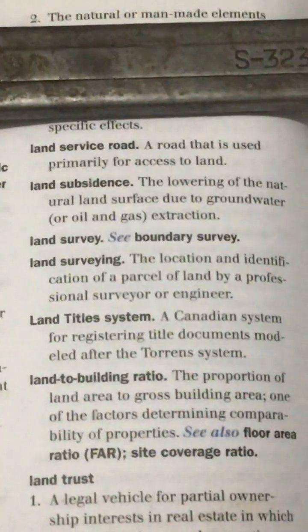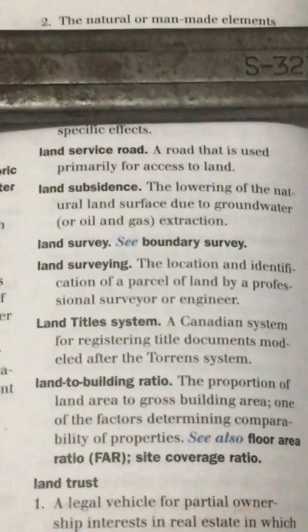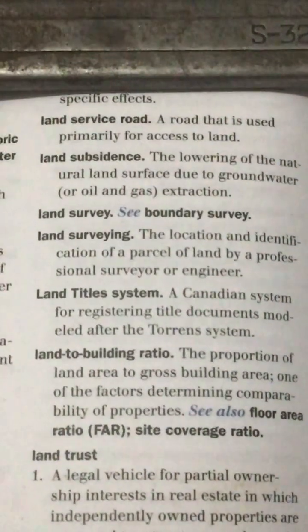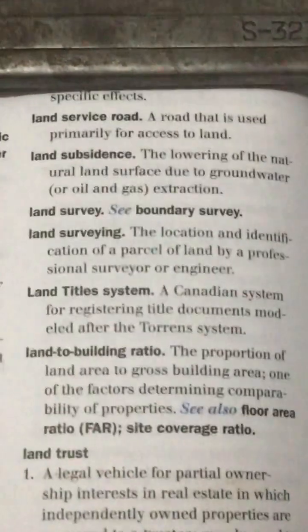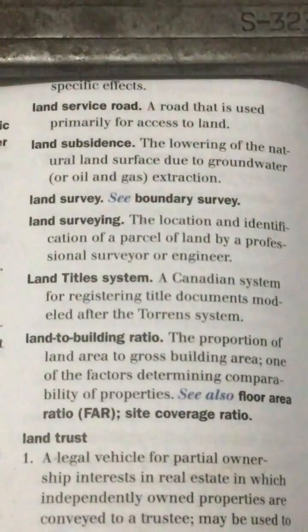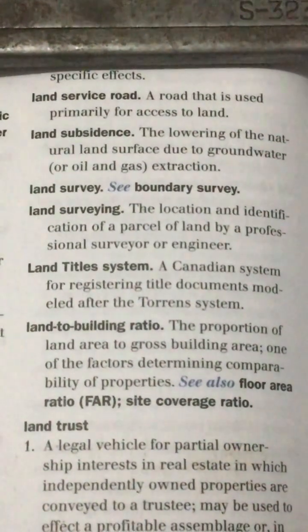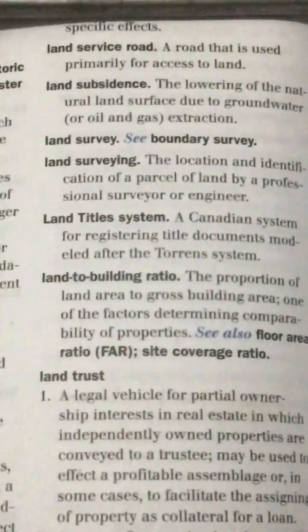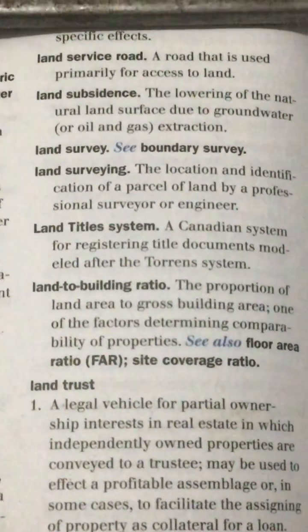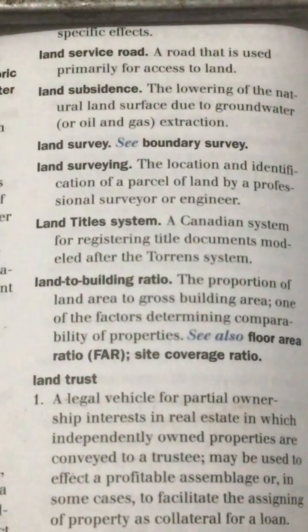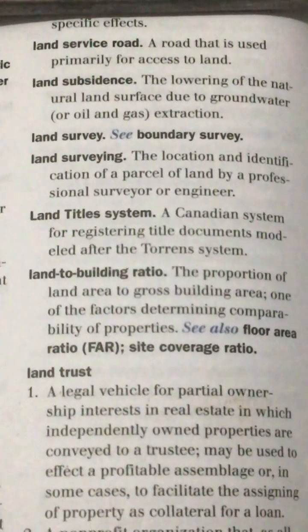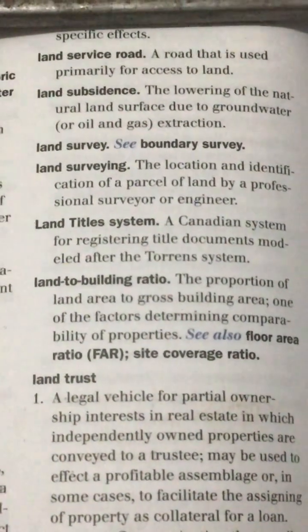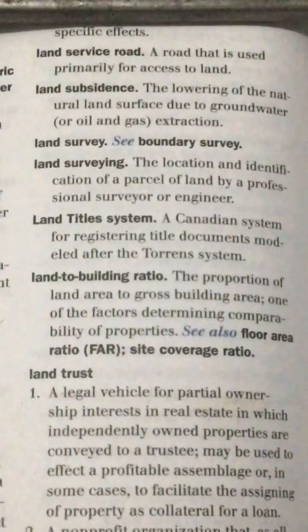Land survey, see boundary survey. Land surveying. The location and identification of a parcel of land by a professional surveyor or engineer. Land titles system. A Canadian system for registering title documents modeled after the Torrens system.